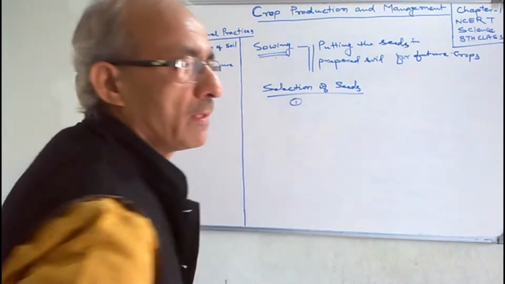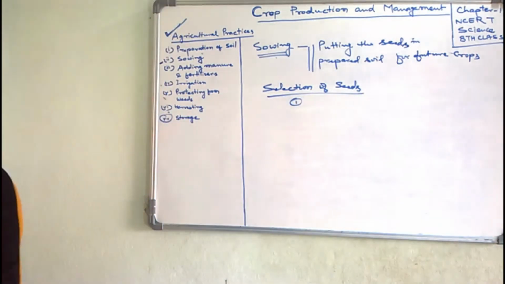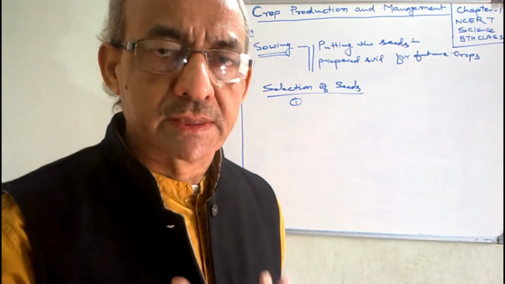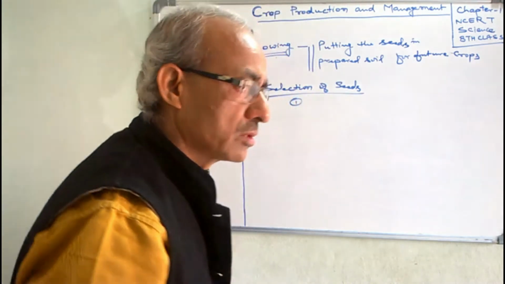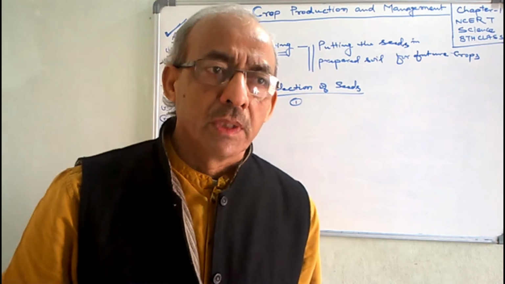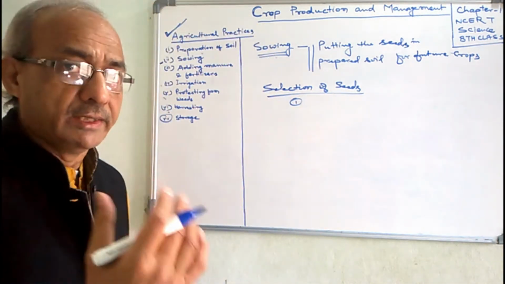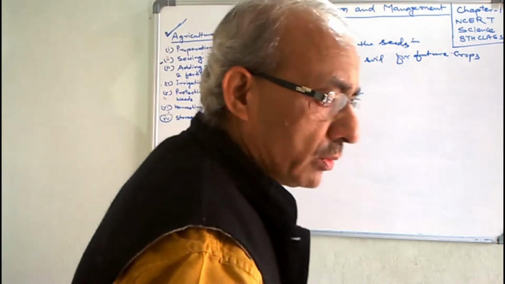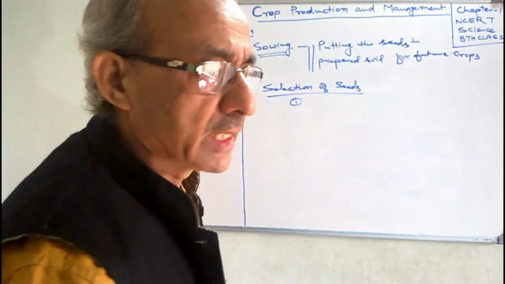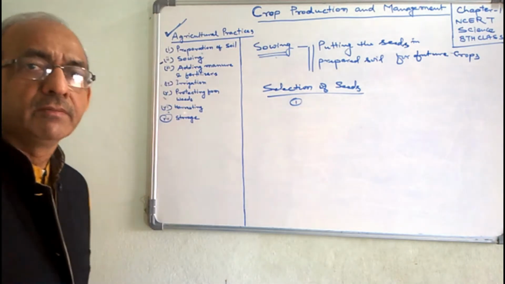First, the farmer should select healthy and disease-free seeds so that the future crops can give a good yield. For getting a good yield, it is quite essential to select healthy and disease-free seeds.